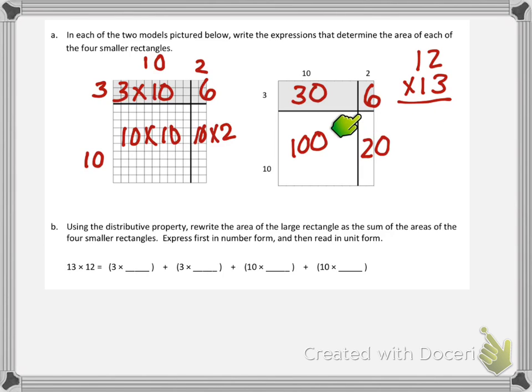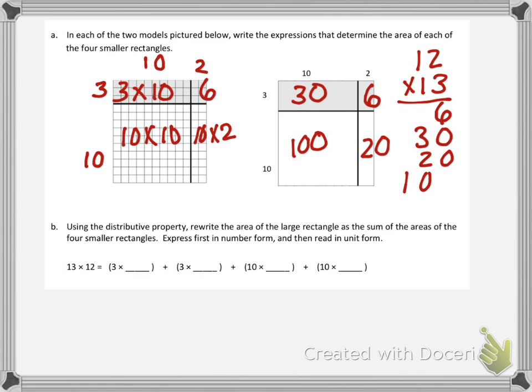By doing 2 times 3, we would get 6. The next one, 10 times 3 is 30. And then the next one is 10 times 2, which is 20. And then our last one was 10 times 10 is 100.